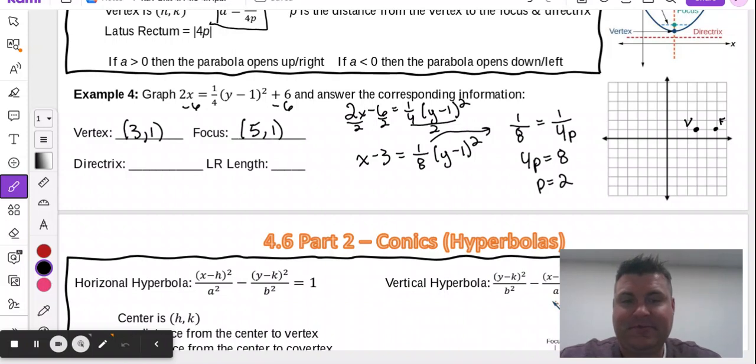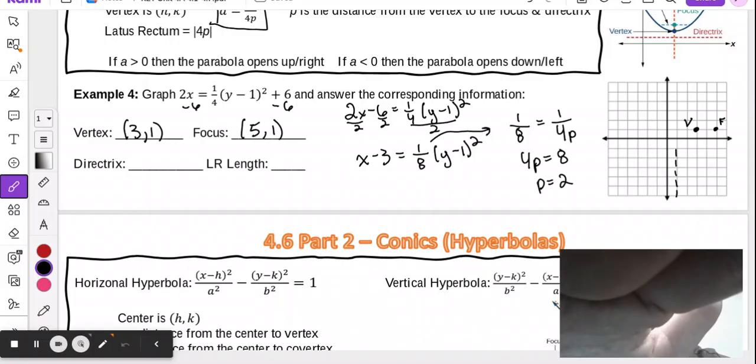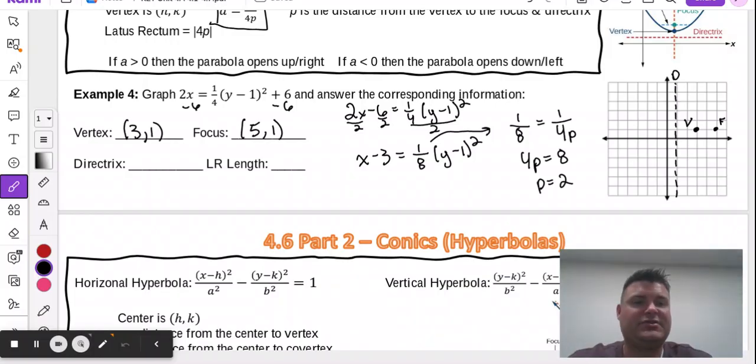Directrix is the opposite way of the focus, and it's a line. Since the focus is to the right, the directrix is to the left, so it's going to be a vertical line. And I'll put a D right there for directrix.